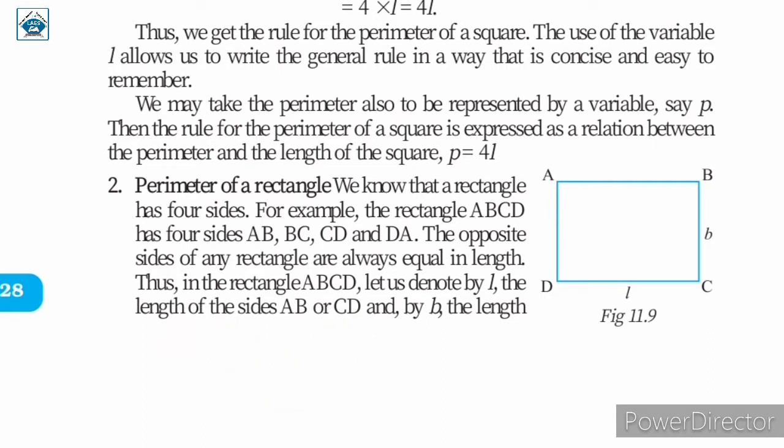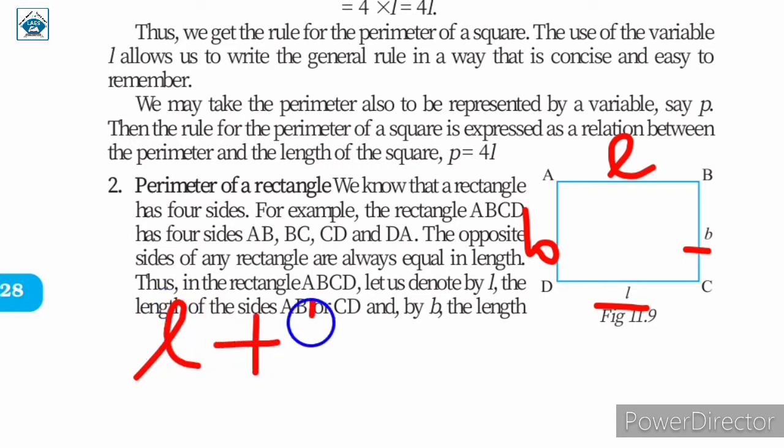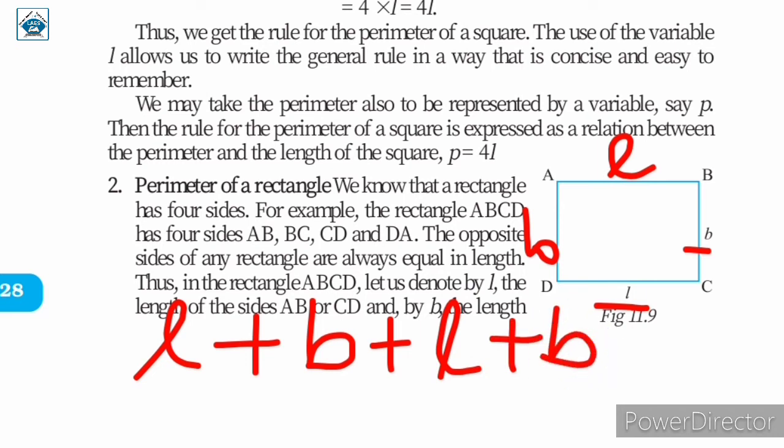So here in rectangle ABCD we are given the sides. Now what we are going to do is find the perimeter. Now here, since AB is equal to DC, this is also L, and AD is equal to BC, then this is also equal to B. So for finding the perimeter, what we are going to do is simply add all these, that is L plus B plus L plus B. So here we have L 2 times and so does B. B is also appearing 2 times.